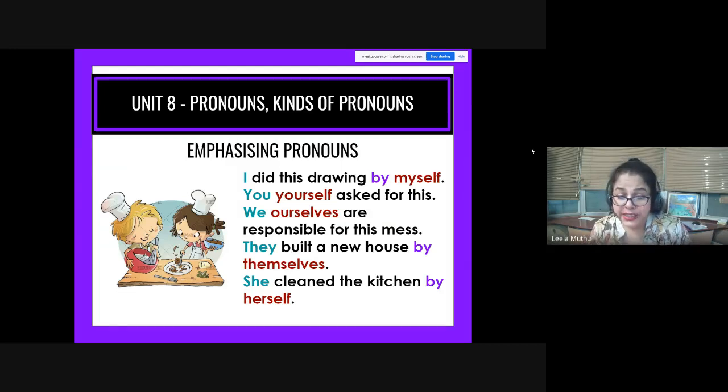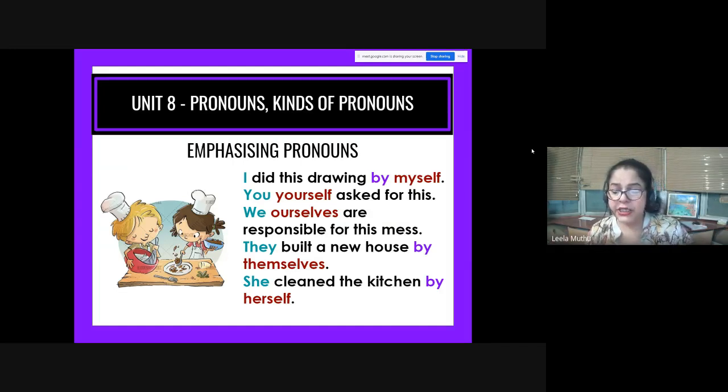So when you see they built a house themselves, or they built a house by themselves, you know who exactly has done the action. They are not the object in the sentence in this case. They built what? They built a new house. They built it by themselves, or they built it themselves, to show you exactly who has done the job of building a new house.